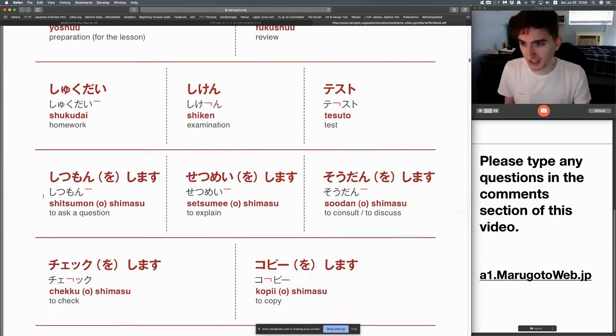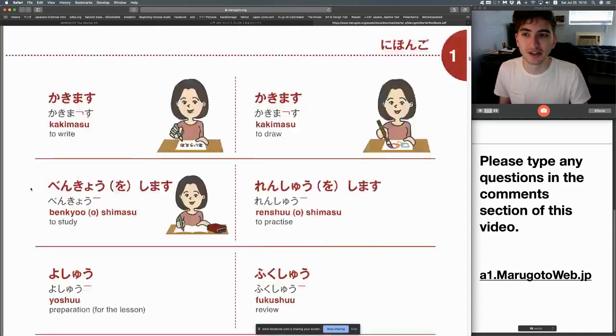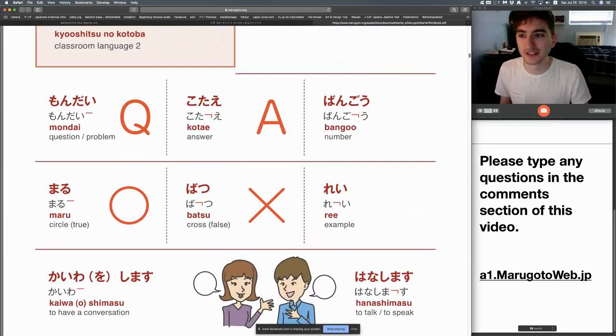However, 質問 really only means a question that you can ask someone. I mean, I have heard people use this word, 質問, for a written question on homework or a test. You could also say 質問 or 問題, right? Kind of interchangeable. However, 質問 only means question, right? 問題 can mean question or a problem in general, right?